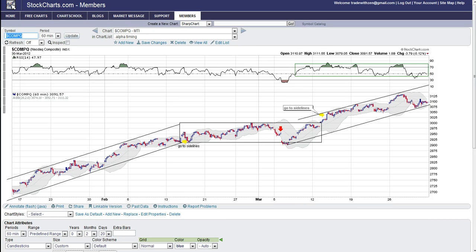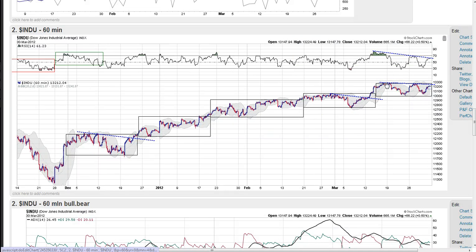But when you look at the Dow, there is some negative here. But again, until we break down from this box, there are some lower highs here. These are like Darvas boxes, one on top of the other.